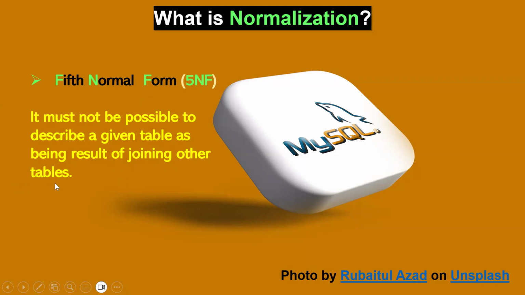What does that mean? If you could break the table into smaller tables and still could join them, then break it. If it's not possible to describe a given table as being the result of joining other tables, then you're in fifth normal form.